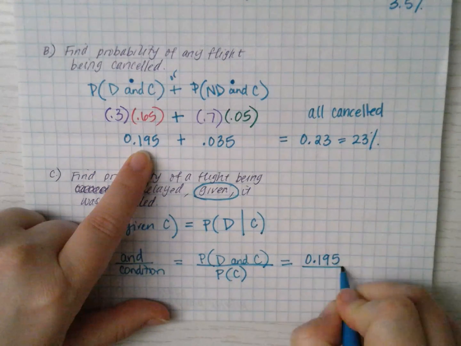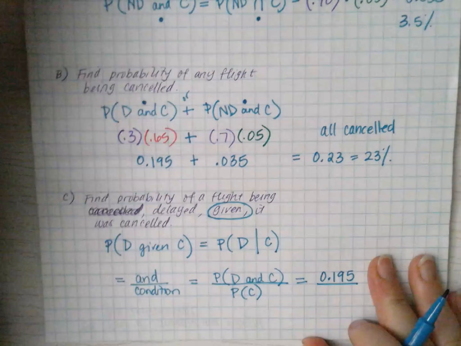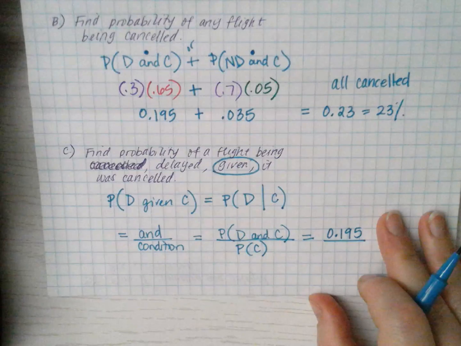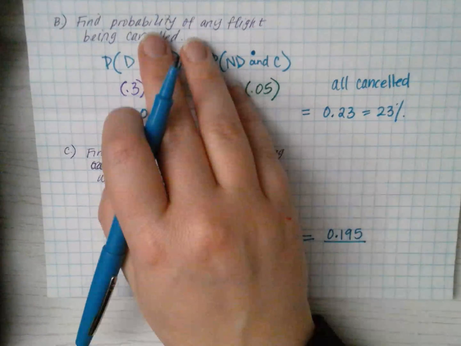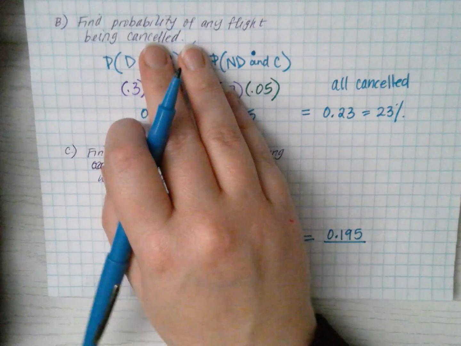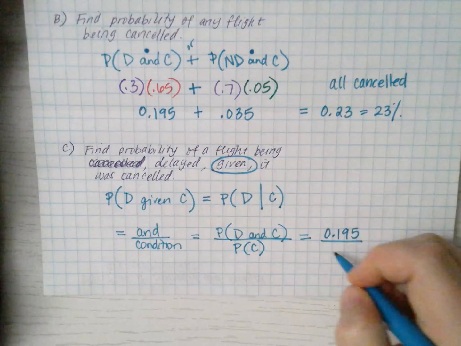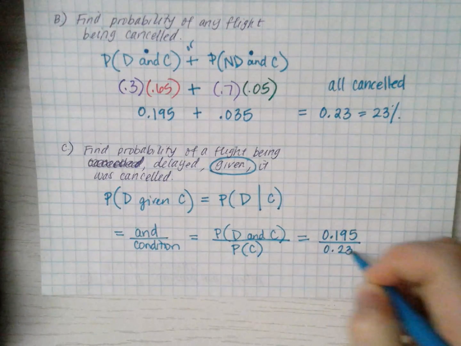All over the probability of any flight has been canceled. Well, we've looked at this before. In fact, that was actually question letter B. What's the probability of any flight being canceled? Well, we found that already, and we got 0.23. So we're going to add that to the bottom, 0.23.